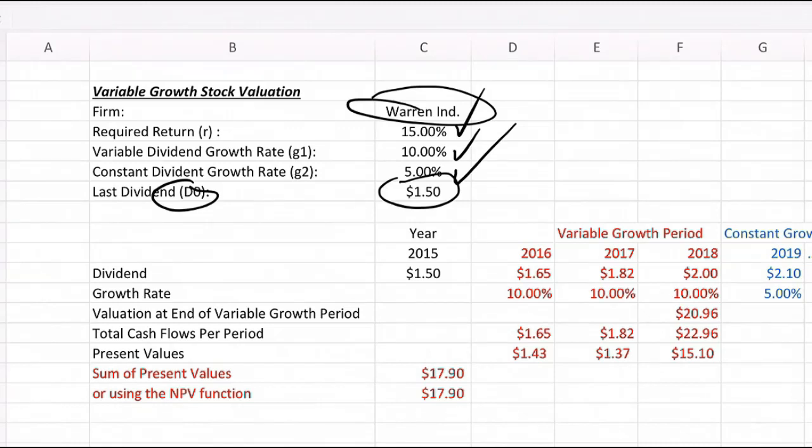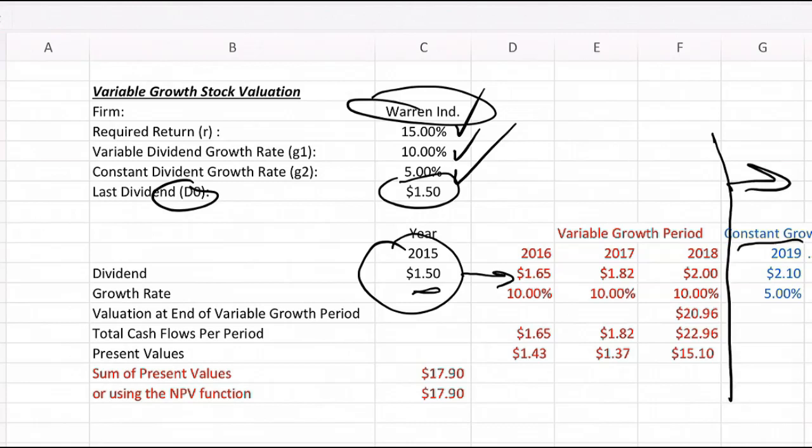Now we're not going to count that, but we're going to use that as a starting point to calculate the future dividends, because again, the value of any asset is the present value of the future cash flow. So we don't want to include this $1.50 because it's already occurred. But we're going to use that to calculate D1, the dividend in 2016, D2, the dividend in 2017, D3, the dividend in 2018, and then we go to this from here over our constant growth rate. So in 2019, our dividend is only growing by 5%, so from $2 plus 5%, that gives us $2.10.